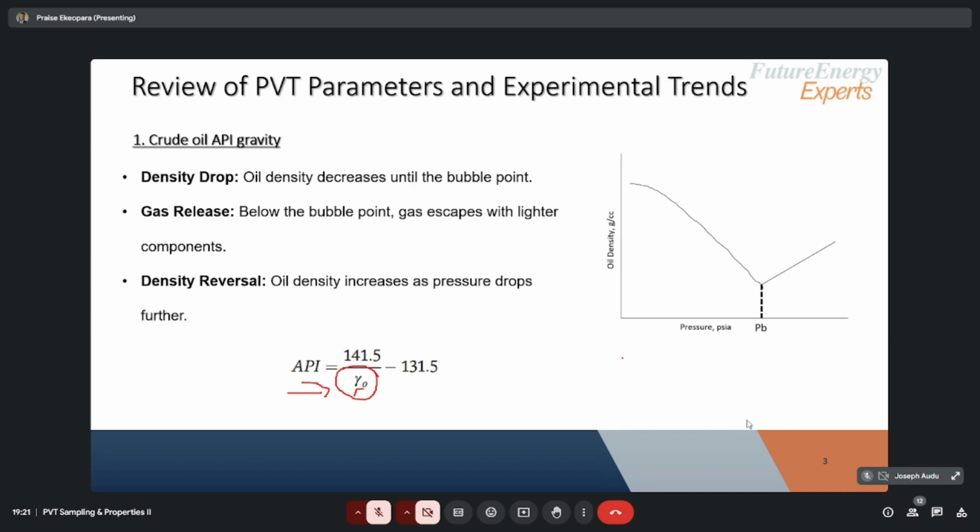Let's look at a typical trend of how oil density goes with respect to pressure. It will do you good to always understand that all our PVT parameters are pressure dependent, either directly or indirectly.